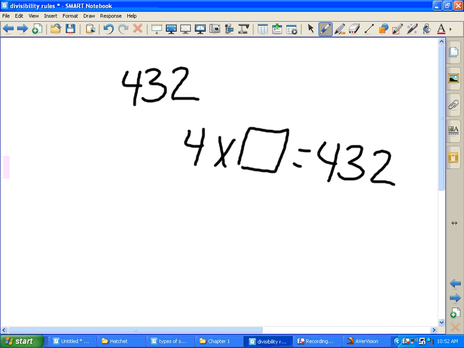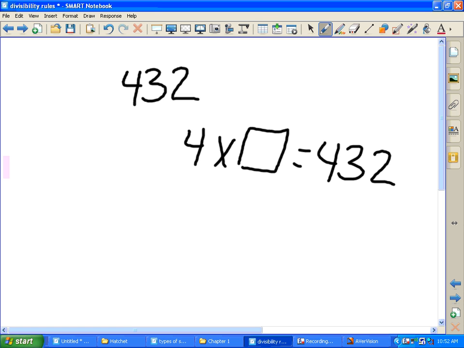So I'm going to ask myself, well, if I learn a couple rules, then I know whether I can divide a number by another number. And I will say to you that 432 is divisible by 4. I'm telling you that, because I know the rules for divisibility in the number 4.